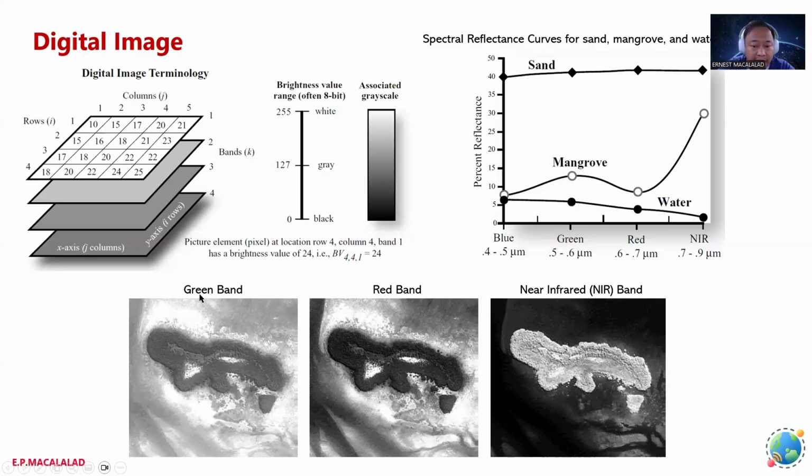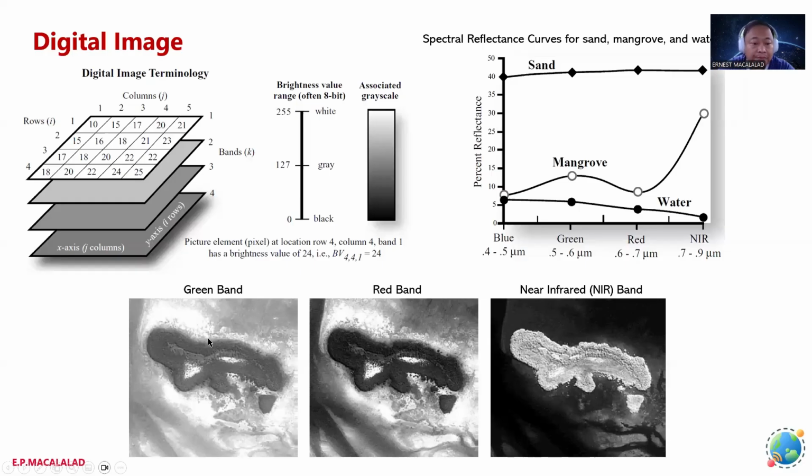So for example, these are the three bands. We have the green band, the red band, and the near infrared band. As you will notice here, the green band doesn't look green, the red band doesn't look red, but you can see the near infrared. Using our human vision, you cannot see near infrared, but here is the image of a near infrared band for this specific target.